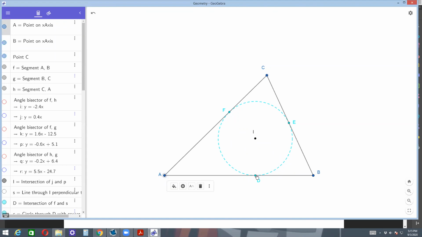This distance AD is going to be s minus a. Similarly, AF is going to be s minus a. They're equal. This distance BD is going to be s minus b. Similarly, here is s minus b. And this one, CF and CE are both equal to s minus c, where, again, it's the opposite side.